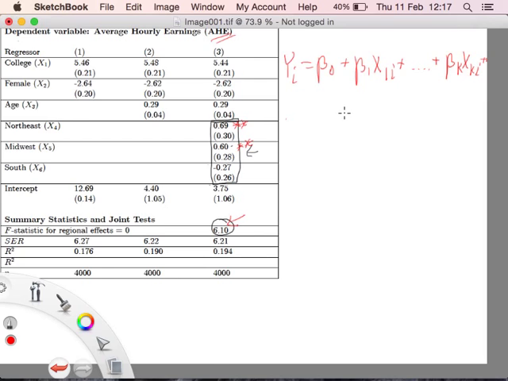Now, this is a generic model, right? There are k variables in this model, and each variable will have a coefficient estimate. Then, where is the variable for beta 0? If each estimate should have a variable, where is this one?